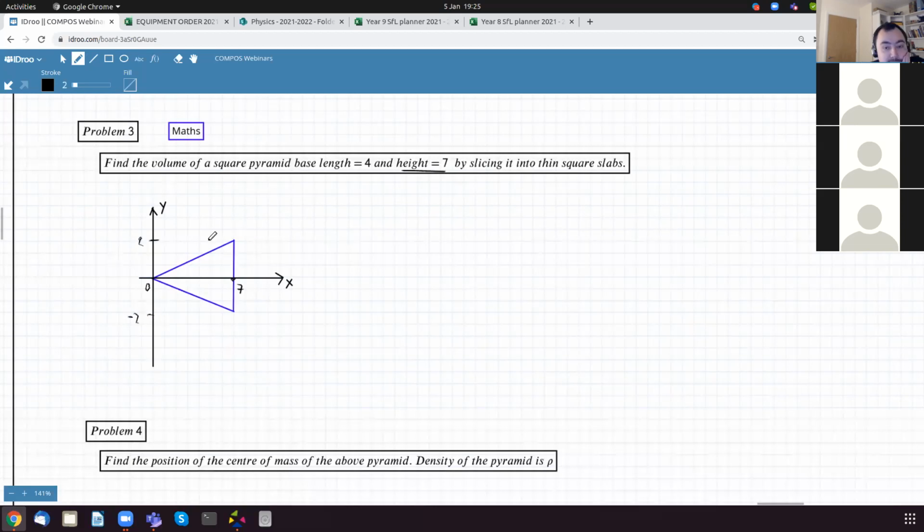And we're cutting it into cuboid slabs. So what we're doing is we're cutting the pyramid like this, into slices. We're slicing the pyramid.